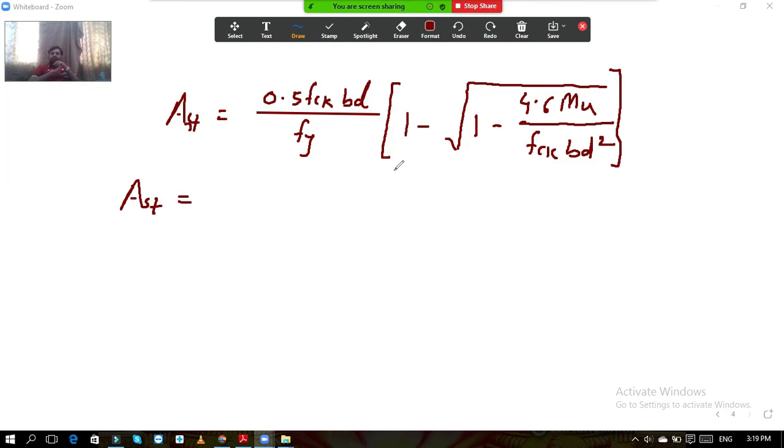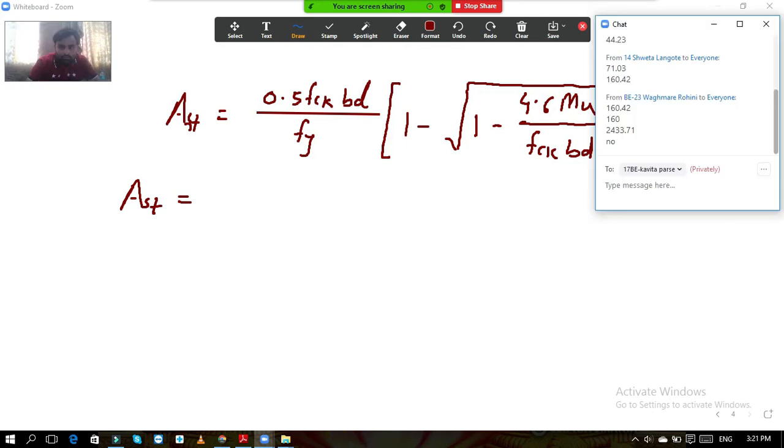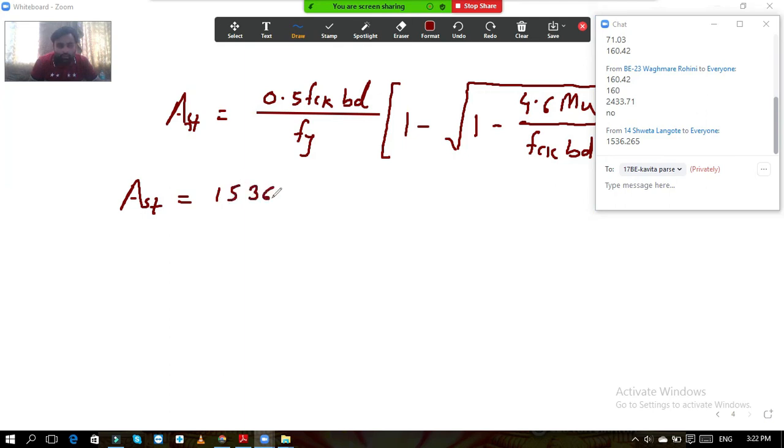Put all these values in this equation and let me know the value of AST in mm square. So what is the answer then? 1536.26 mm square. This is the correct answer.